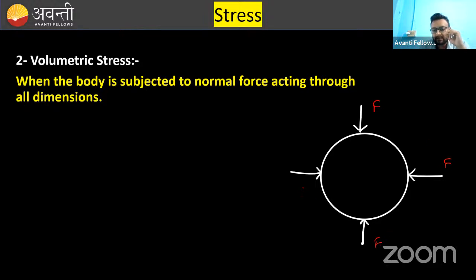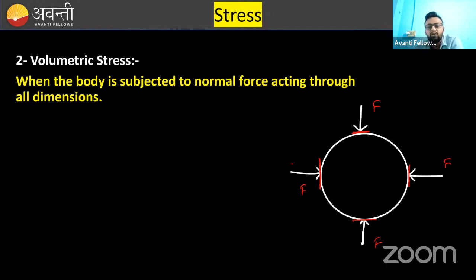And the main thing is the force is perpendicular to the surface at each point. If you see the force F, it is perpendicular to the surface here, here, and here. This force is perpendicular to the surface.